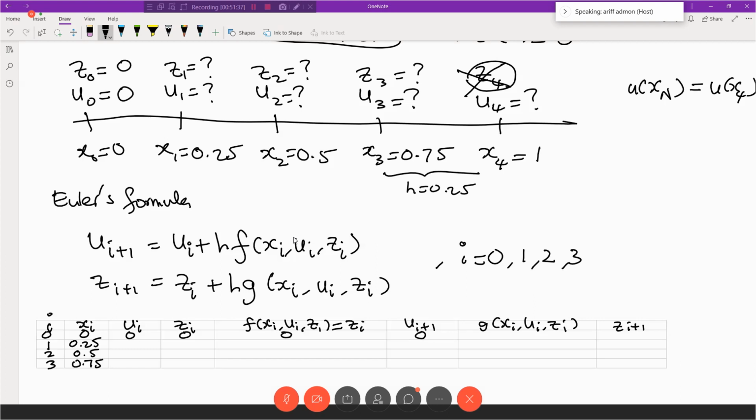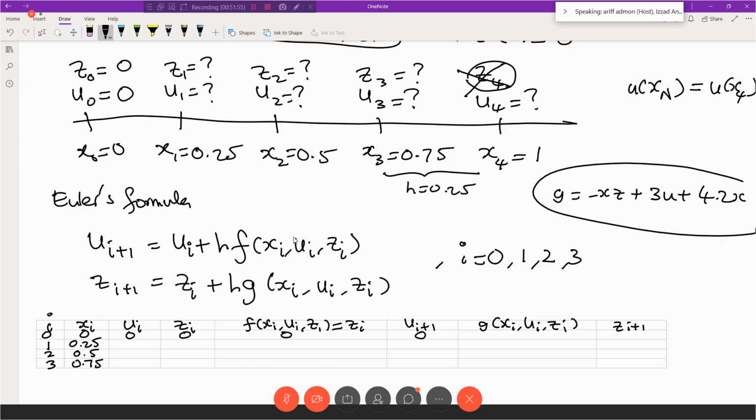How about g? Maybe I need to write g. g is equal to negative x z plus u times 4.2. Okay, this is your g. So your x is 0, so here becomes 0. Your u is also 0, so g is also 0.